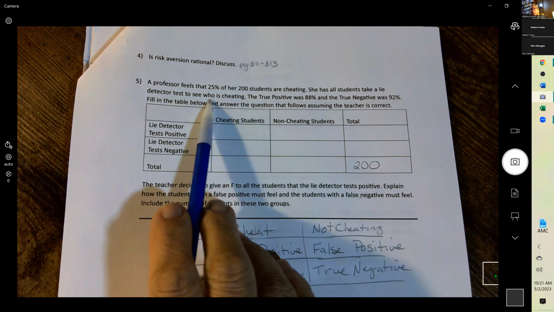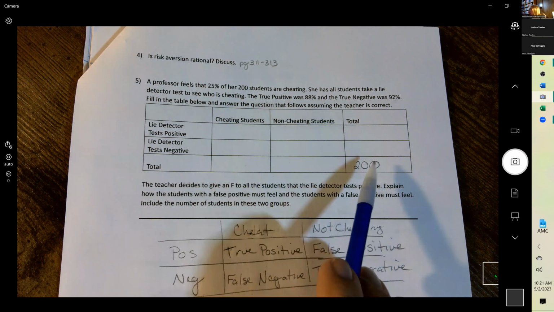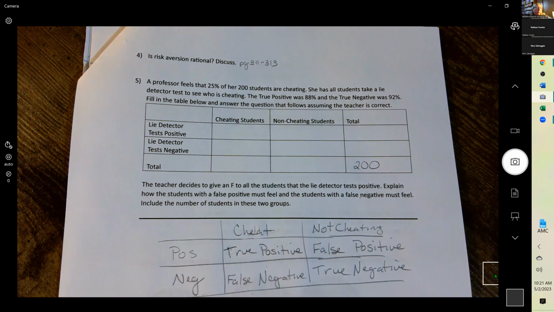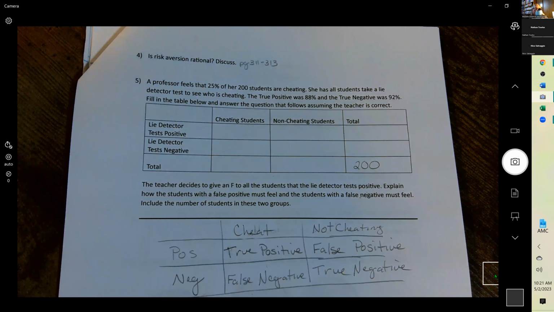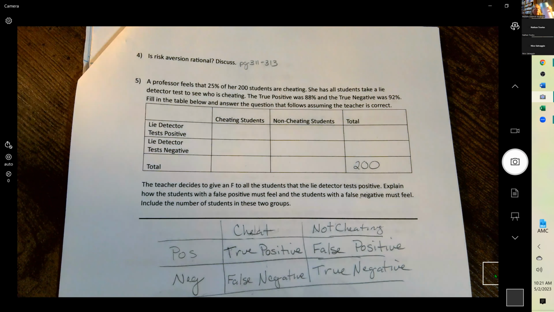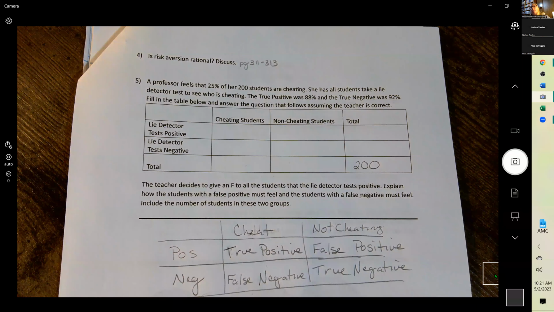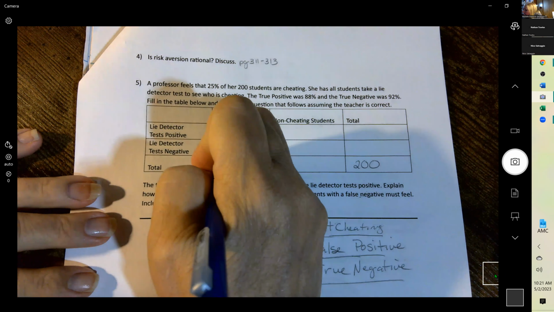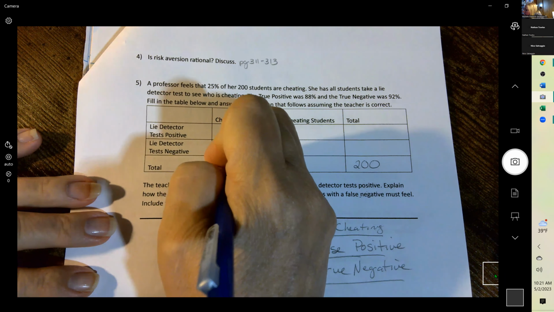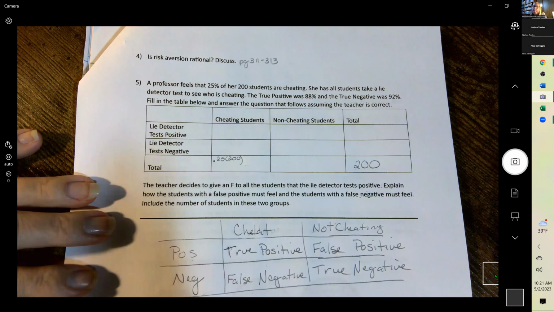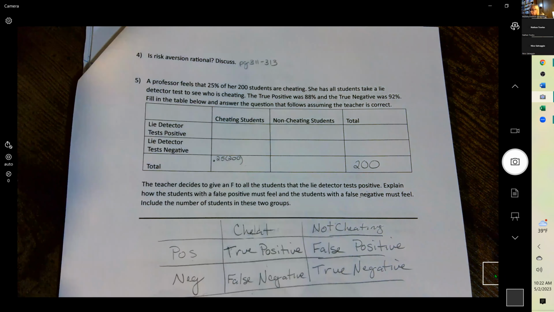How do we find 25% of the 200 students? Anyone? Of means multiply. So 25% of 200. How many students are cheating?